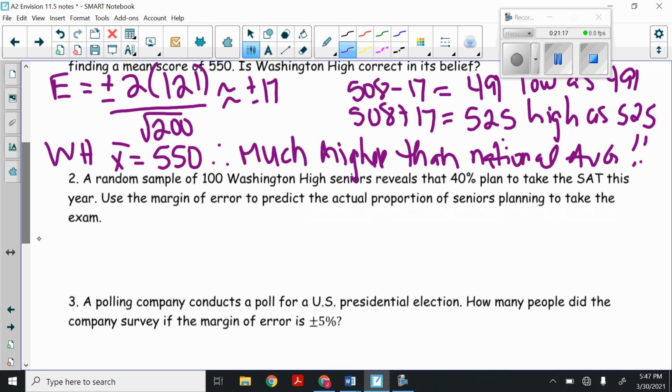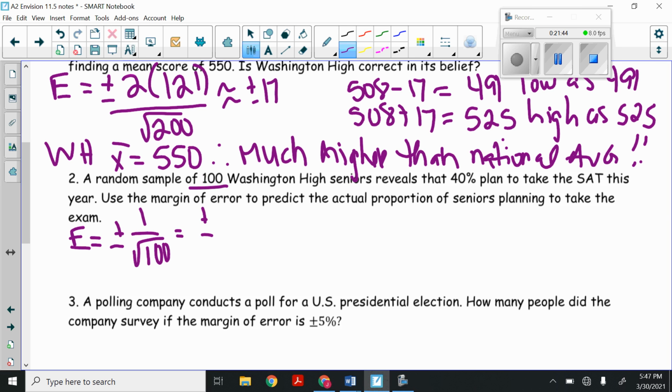Number 2, a random sample of 100 Washington High seniors reveals that 40% plan to take the SAT this year. Use the margin of error to predict the actual proportion of seniors planning to take the exam. So here we're going to use the categorical. So our E is equal to plus or minus 1 over the square root of the sample size. Their sample size is 100.